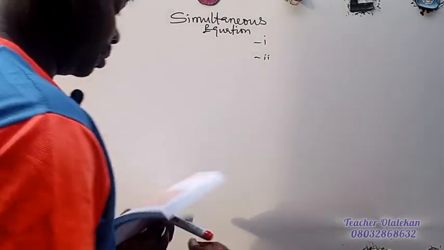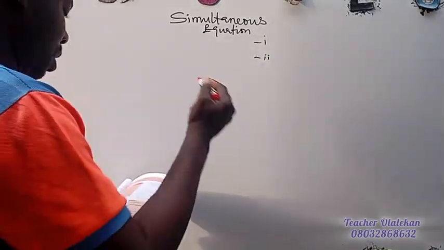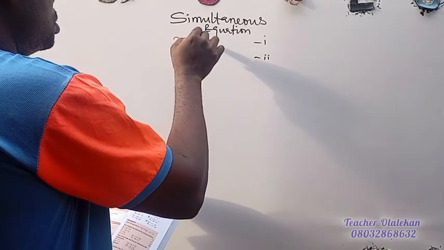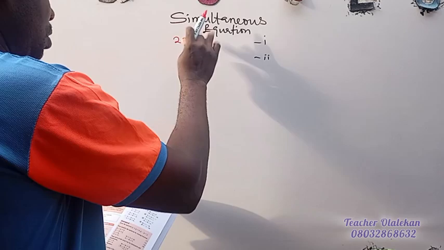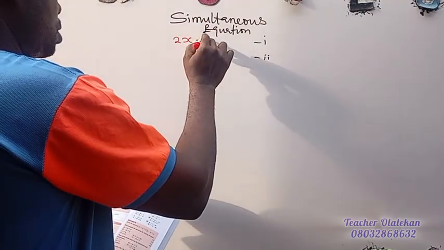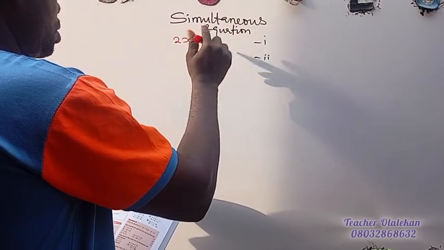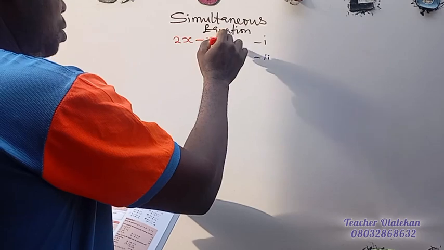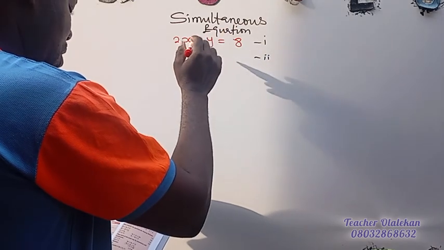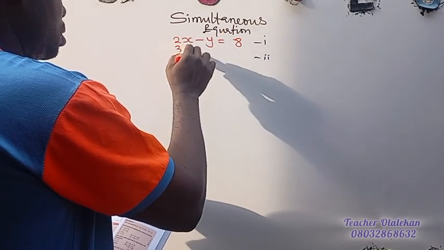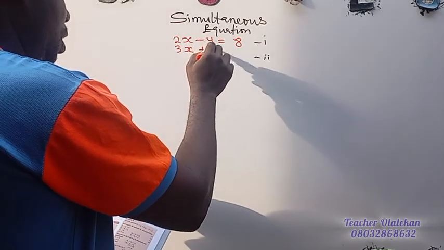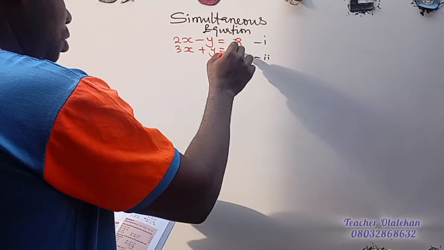So let's have 2x minus y is equal to 8, and 3x plus y is equal to 17.